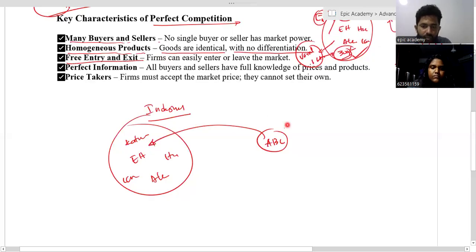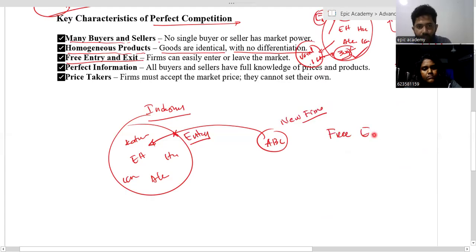We call these new companies, new firms. It's still not in the industry. He tries to start producing ice cream, and he tried to enter the industry.